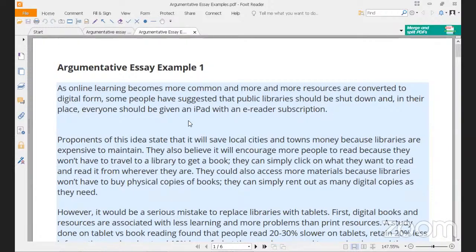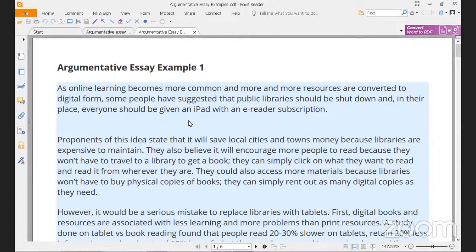Okay, so we have the first argumentative essay example, and we are all going to read, and we need to pay close attention, guys, because at the end, we're gonna do some exercises. It's not gonna be too complex, but it requires your full attention. And if you have any questions in regards to vocabulary or some expressions or phrases, please let me know so that we can answer them. Okay. So let's see, let's start reading. And I'll start.